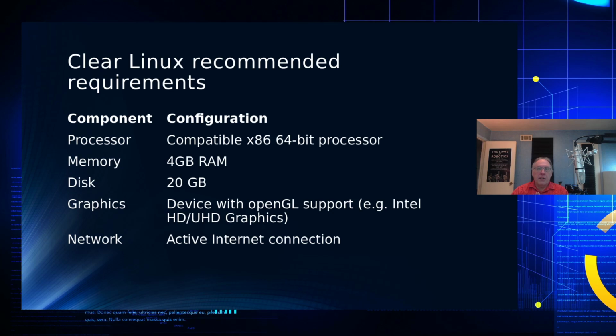If you're just installing the command line version of Clear Linux, you can get by with 1 gig. They also recommend 20 gig or higher for the install if you're installing the GUI. The base install from the live CD will take about 6.1 gigabytes of disk space or so, so you'll want to plan accordingly for that.